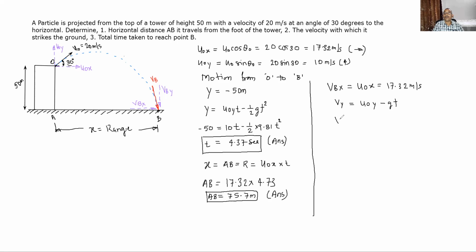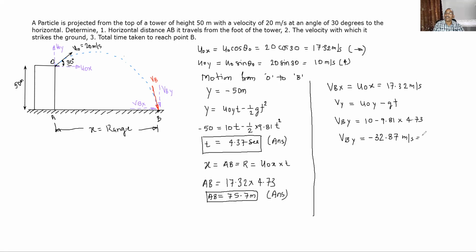Vy means VBY. The u0y value is 10 meter per second. So VBY = u0y minus gt, where g is 9.81 and time is already calculated, 4.37 seconds. The answer is negative, which represents that this velocity component is in the downward direction. It comes out to be minus 32.87 meter per second.